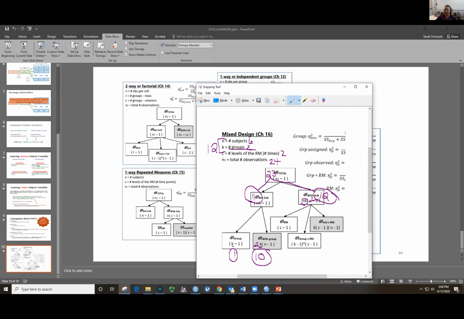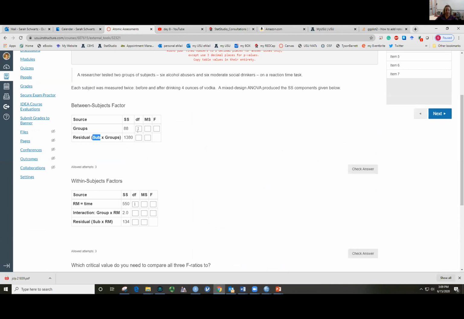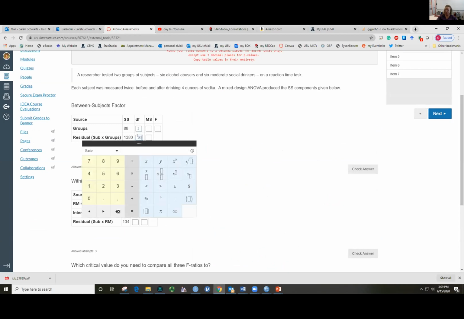What's n? 6, so it's 2 times 5, which is 10. So this is our between subjects branch. When we do our F statistic, our numerator degrees of freedom are 1, our denominator degrees of freedom are 10. So if we come back to Canvas, it's 1 and 10.